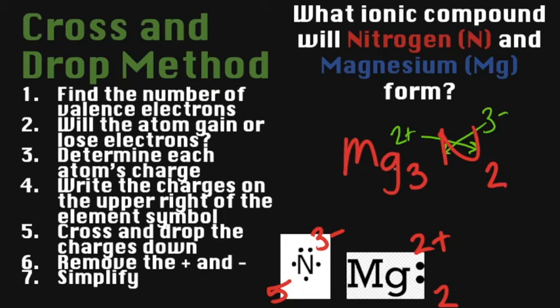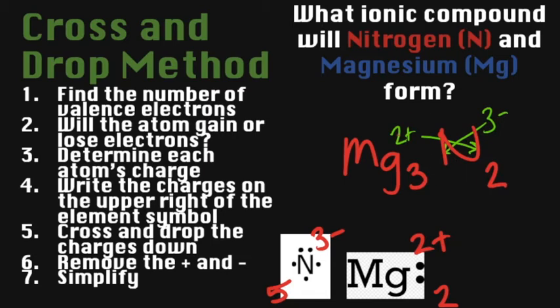So pretty much what we're saying here is that in order for this overall compound to have a charge of 0, there needs to be 3 magnesiums bonded with 2 nitrogens. Which should make sense, right? Because 2 times -3 is -6. But then 3 times +2 is +6. And so +6, -6, overall those charges balance out to 0. But all we had to do here is cross and drop.